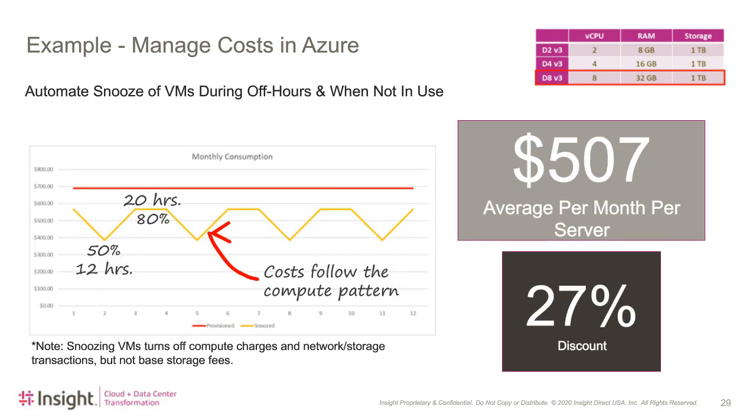If I automate the availability of my VMs according to when they're going to be used, you can see here most months I'm using 20 hours. Some months I'm using 12 hours. My costs follow the pattern of usage. That further reduces the amount that I'm paying.